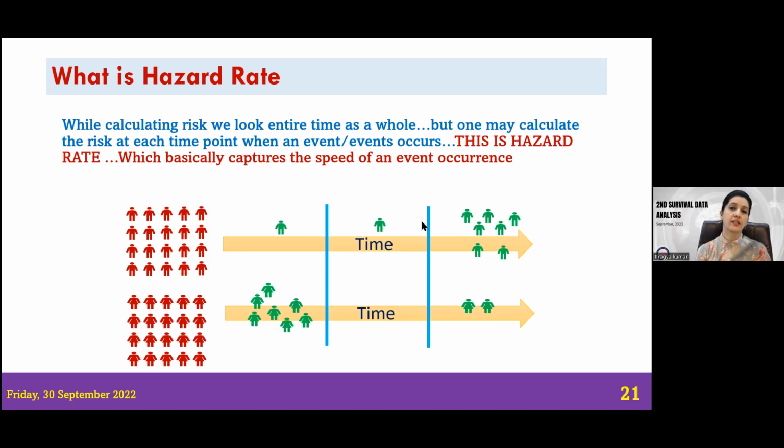So I think by this explanation, you understand what a hazard rate and a hazard ratio are. Hazard rate is very much like odds, only odds, not the odds ratio, and hazard ratio is like the odds ratio. If you take the time component along with the odds ratio, it becomes the hazard ratio. Similarly, if you take the time component, because it's changing time, that's why the calculus part is there, then it becomes the hazard rate.